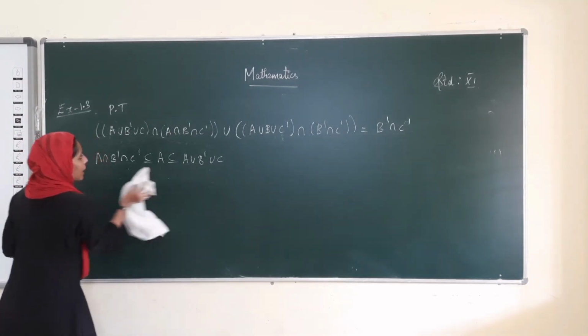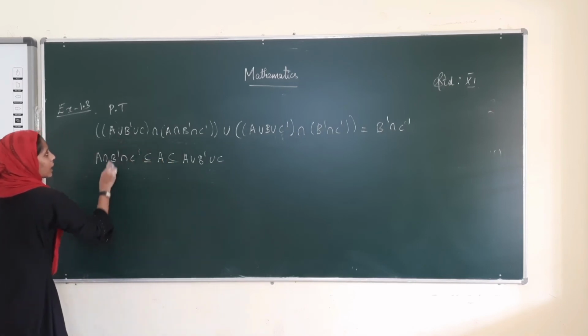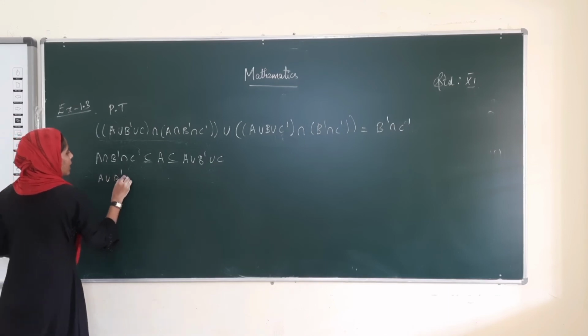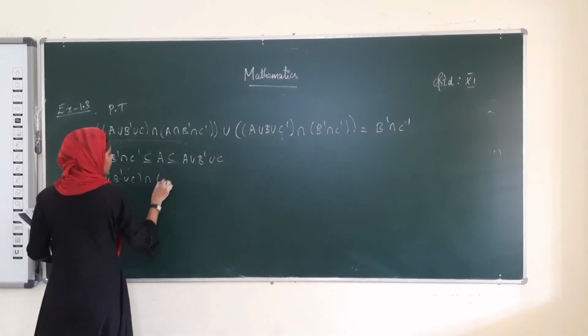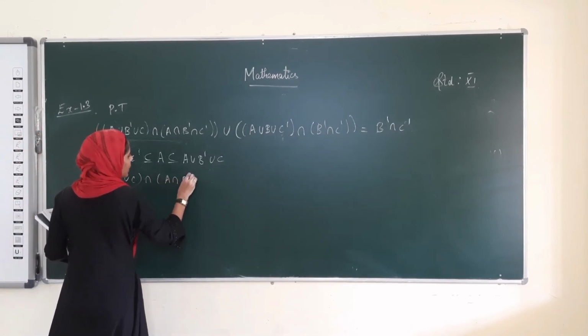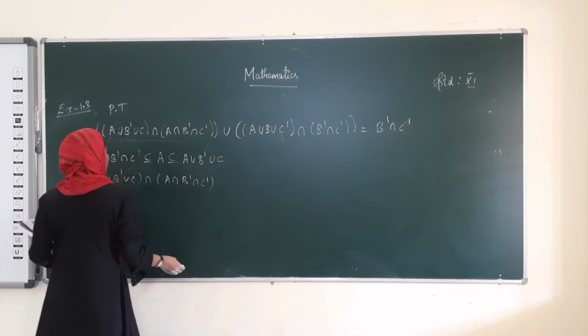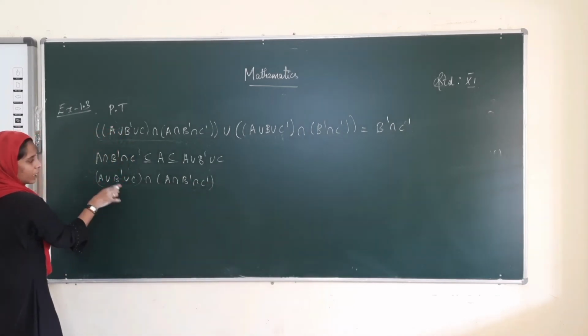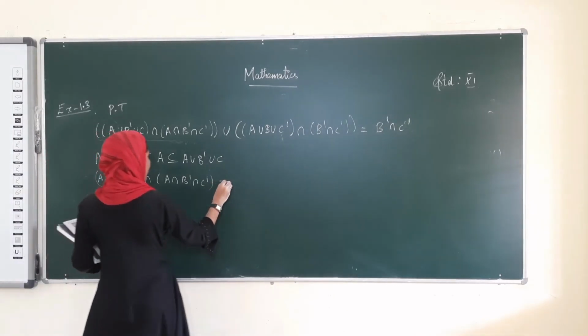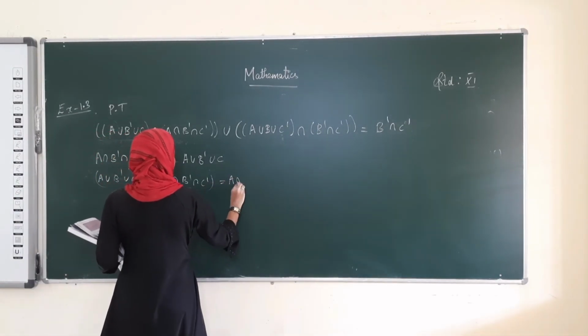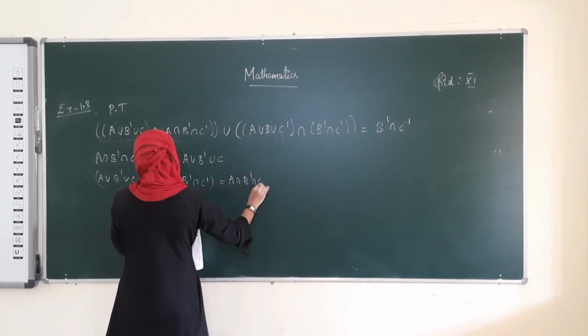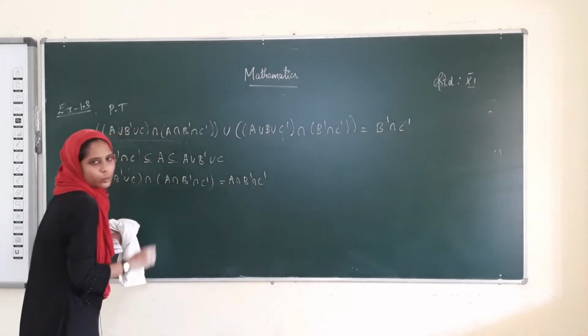Similarly, this term is inside this. So instead of this, what can we write? A union B dash union C intersection A intersection B dash intersection C dash. Okay, this term is inside this. So when we take the intersection of these two, what can we write? We can say this as A intersection B dash intersection C dash alone.